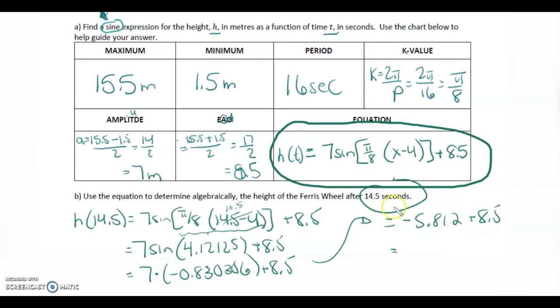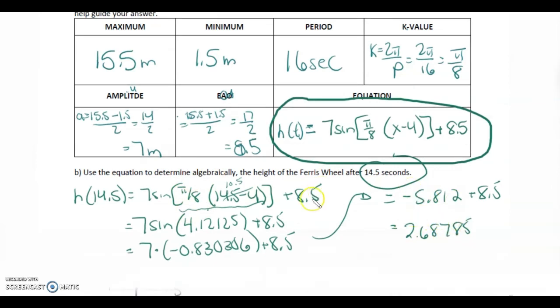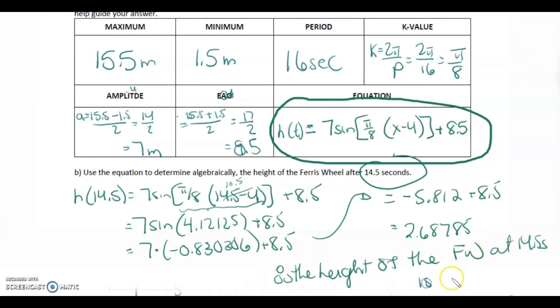Sorry, 2.68785. Okay, so we can say, therefore, the height of the, and if you put FW, I'm okay with that, Ferris wheel at 14.5 seconds is, let's round, 7 meters.